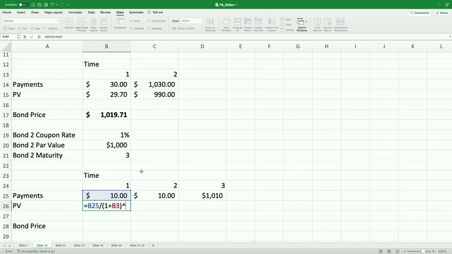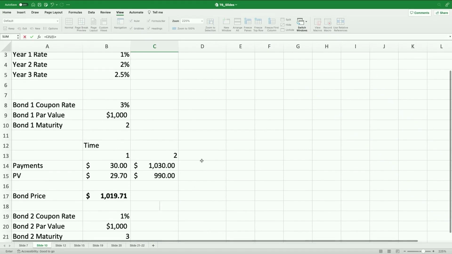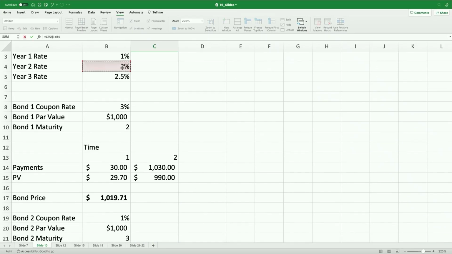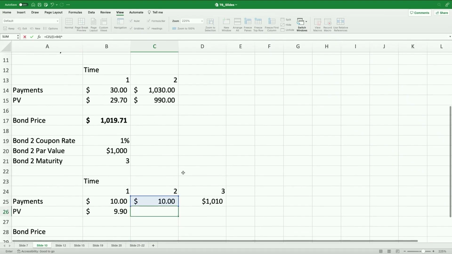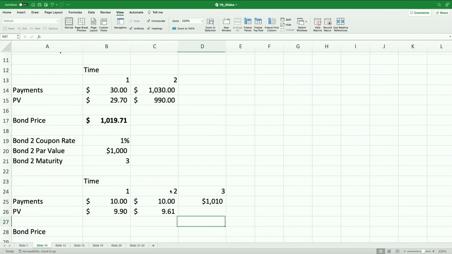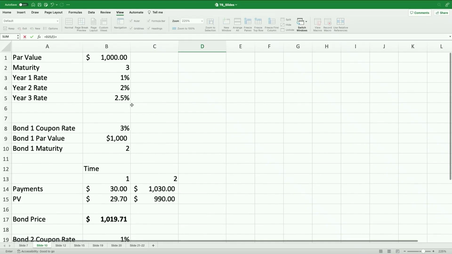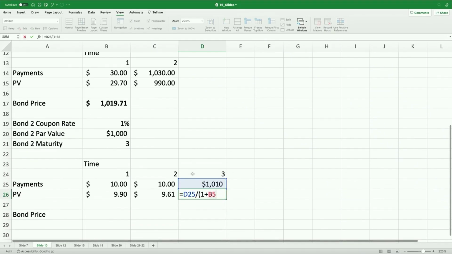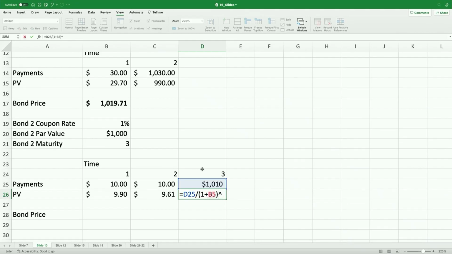Okay, and we discount it back 1 period. The 2-year cash flow gets discounted by the 2-year spot rate here. Good. And the 3-year cash flow gets discounted at the 3-year spot rate here, discounted back 3 periods.